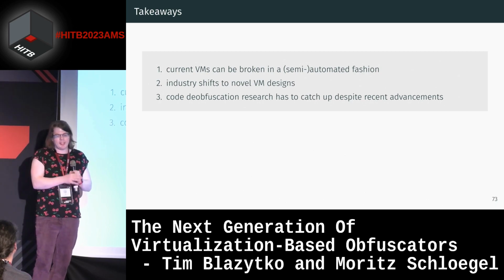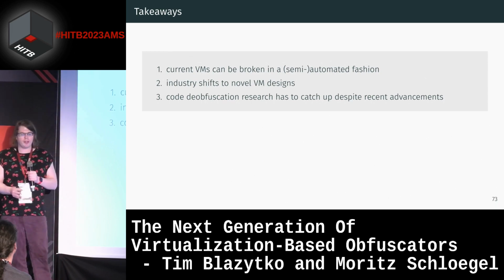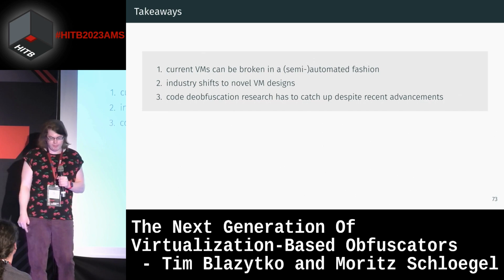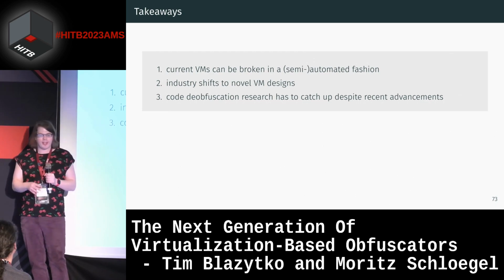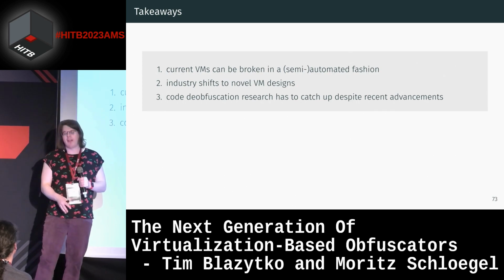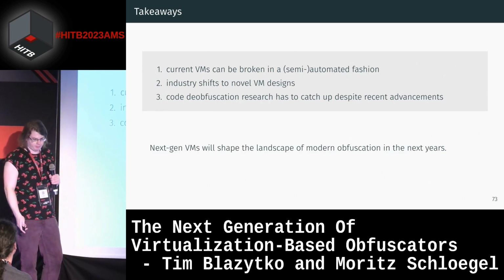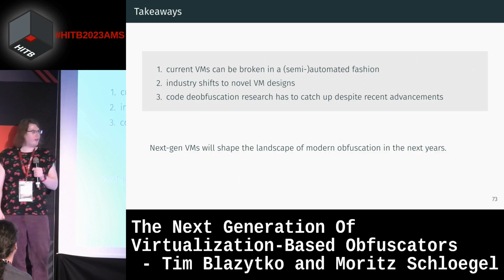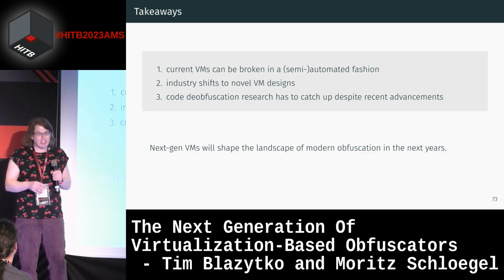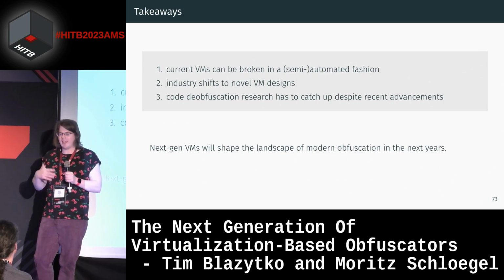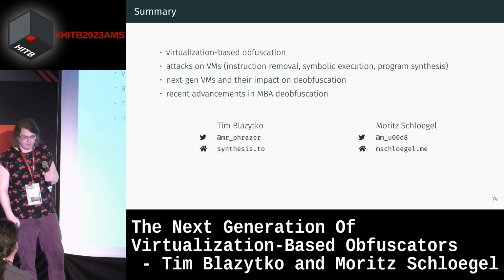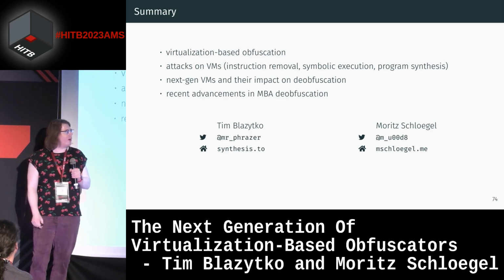The industry starts shifting towards novel VM designs, these high-class obfuscators, and code deobfuscation research has to catch up, although there are some developments in the right direction. Therefore, we conclude that next-gen VMs will shape the obfuscation landscape in the next years until deobfuscation might catch up.